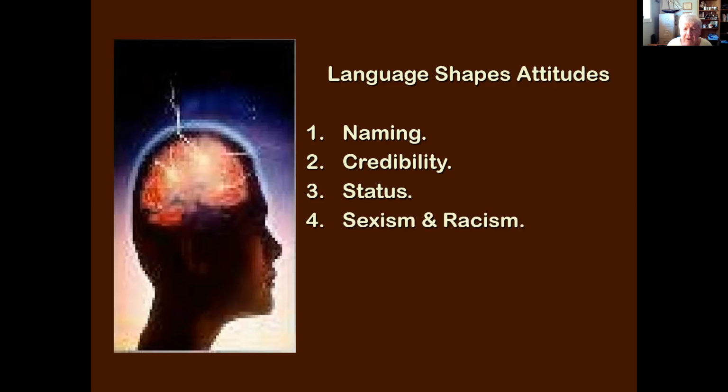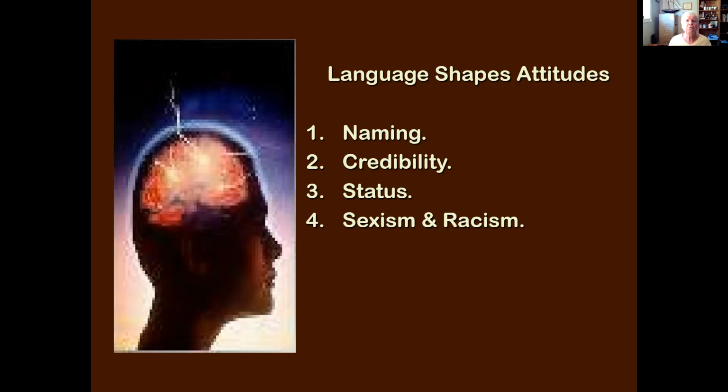Language shapes attitudes in the area of sexism and racism. To say unkind things of the opposite gender does not help you. It creates a problem. To speak of other people of other races in a derogatory way shapes attitudes.